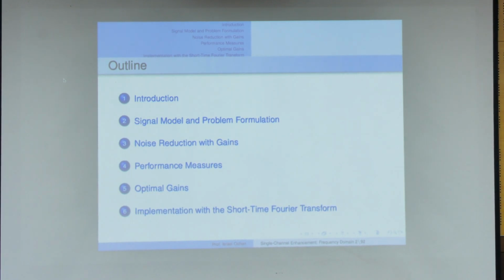But we will neglect that to make things simpler. Of course, you can extend it. But the more information that you use, you need to estimate or obtain this information reliably, which is not a simple task. Okay?